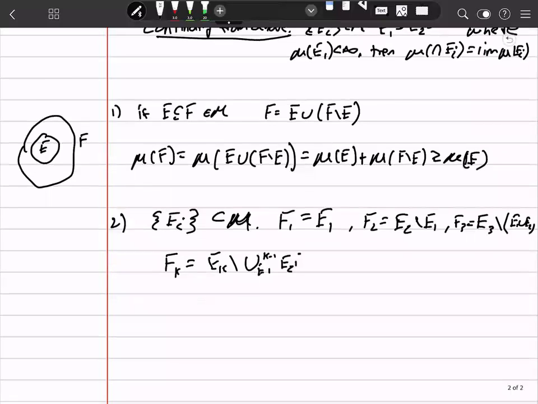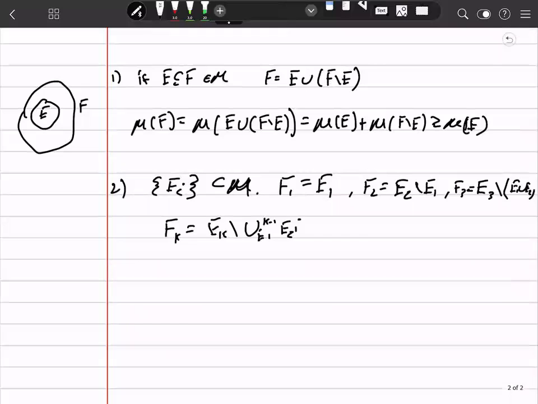Right, so now we have this new sequence. We started with a sequence in M, and we created this new sequence where F1 is equal to E1, F2 is E2 minus E1, F3 was E3 minus E1 union E2, and in general, we had this expression here.